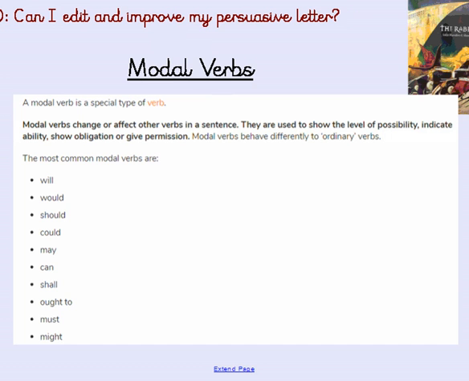And the final thing I want you to look at are your modal verbs. So remember that modal verbs, they affect the level of possibility. They show whether something is really likely to happen or not very likely to happen at all. So common ones are in the list there. Just look back through your work. Are they being used effectively?